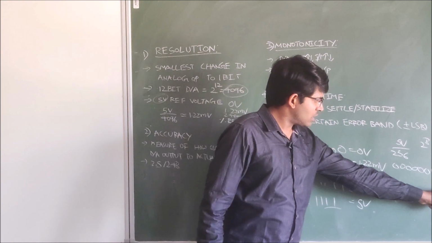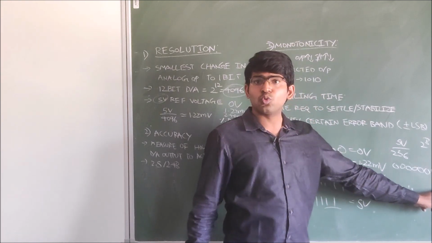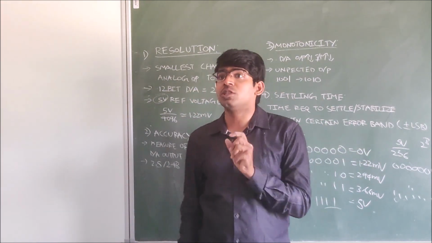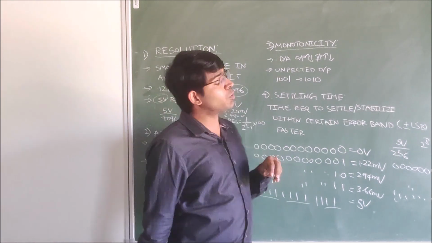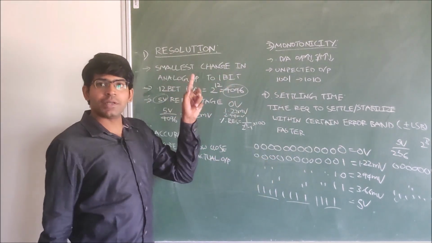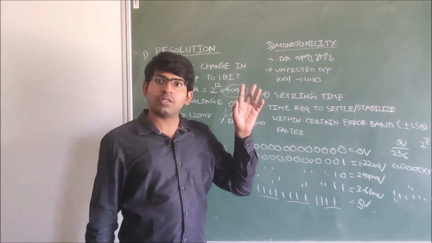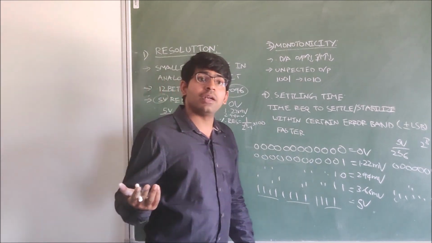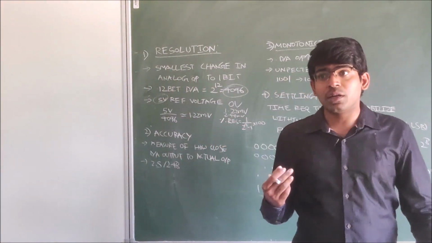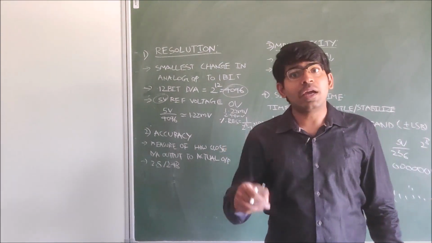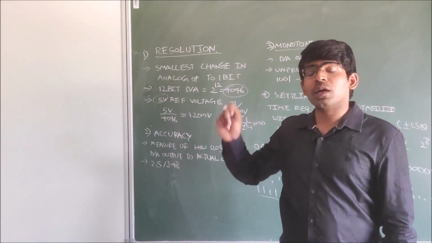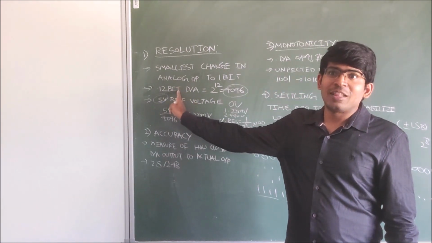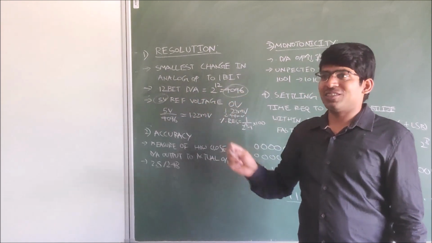For 1 bit change in the 8-bit converter, how much? 25 millivolts. For the 12-bit converter, 1 millivolt. How much difference! So the 12-bit digital to analog converter has very good high resolution compared to the 8-bit. Similarly, a 16-bit converter has very high resolution compared to a 12-bit converter. But when we increase the bit value, the cost of the converter also increases.